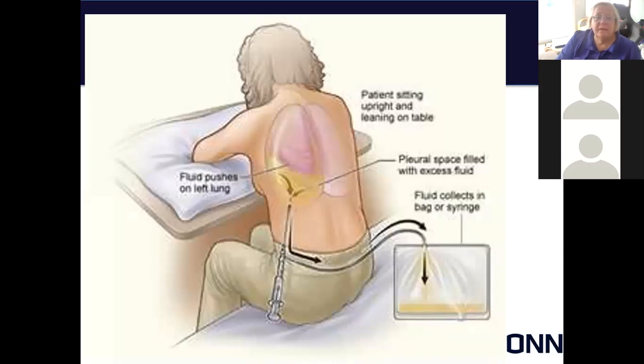And then removing the fluid from these effusions can be done with a vacuum bottle. They'll take samples of it and collect the fluid. Now, I've talked of these Pleurex Denver catheters.